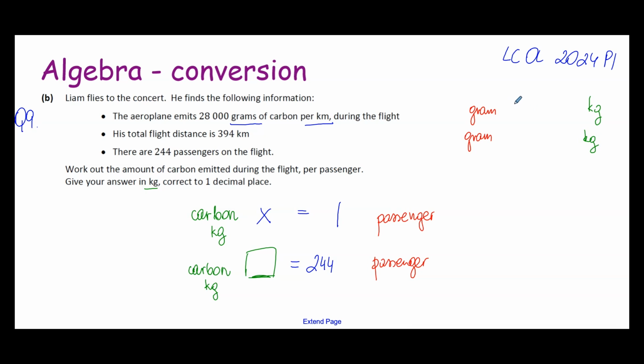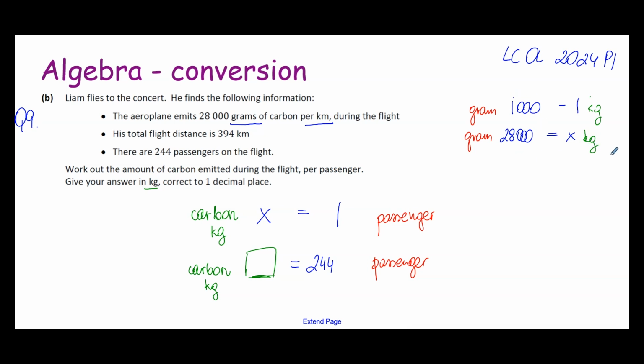So what do I know about the gram and kilogram? I know that 1 kilogram is 1,000 grams. Maybe not all of us know, but that's actually what it is. So I'm saying 28,000 grams. How many kilograms is that?